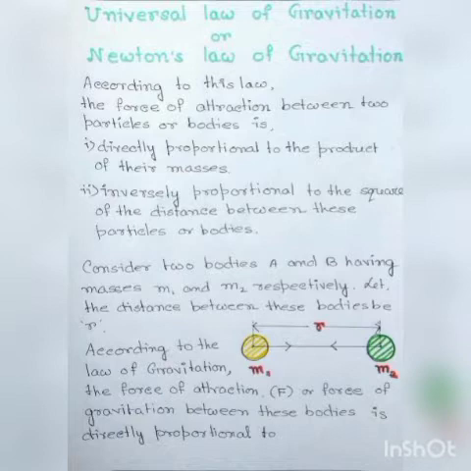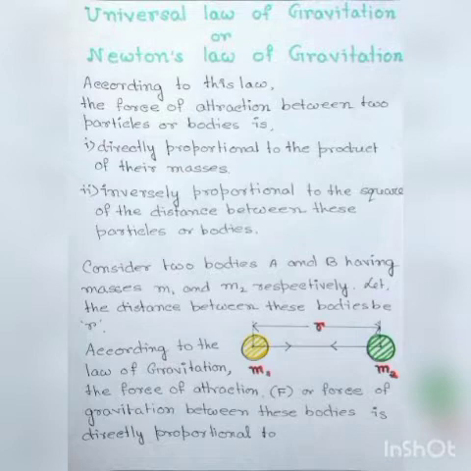To understand the law of gravitation more clearly, now let us consider two bodies A and B having masses m1 and m2 respectively. Let the distance between these bodies be r.